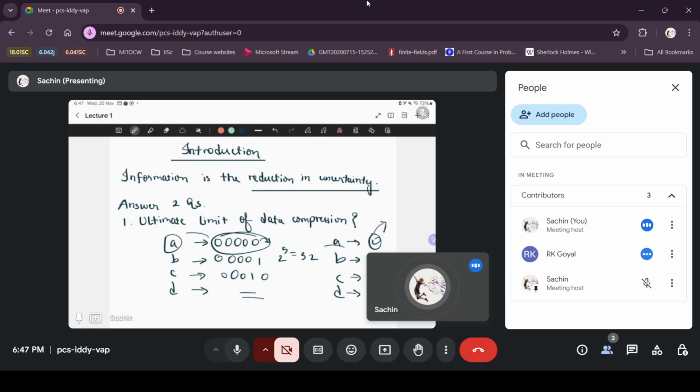So any arbitrary mapping can't be a code. That is also one aspect. This is just some example that I cooked up. This is not how you would do it, but there is a method to do compression also, and that method will make sure that whenever you have a sequence, say 10011 something like this, there is only one way of parsing that sequence.